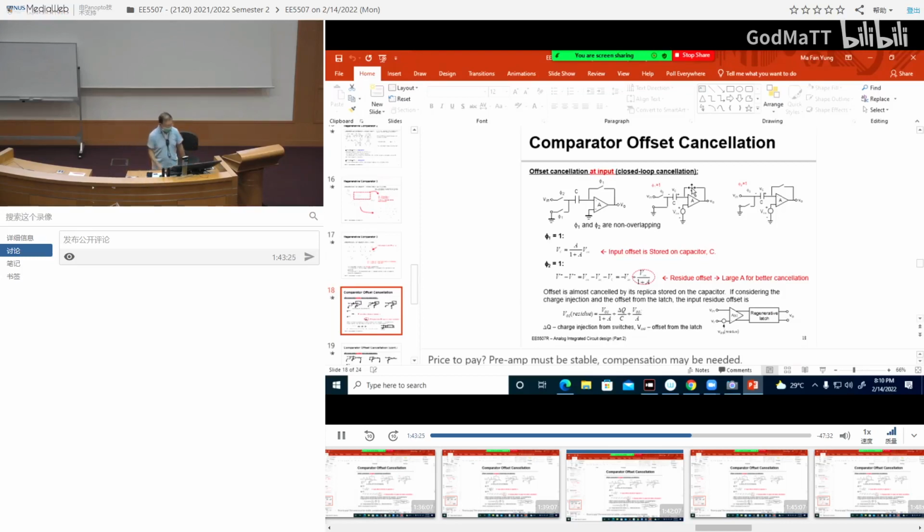I think we talked about this previously. The switch is a MOS device. A MOS device has a channel. The channel has certain charges. When it's on, and you turn it off, the channel goes away. The charges have to go someplace; they cannot disappear. So when the switch is turned off, there's something we call charge injection.